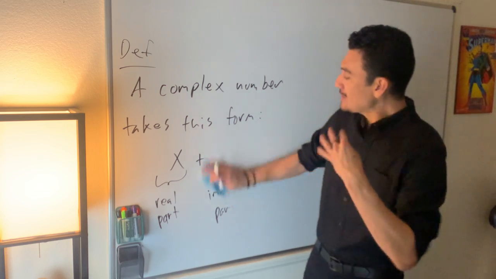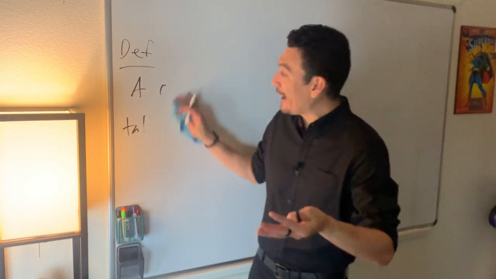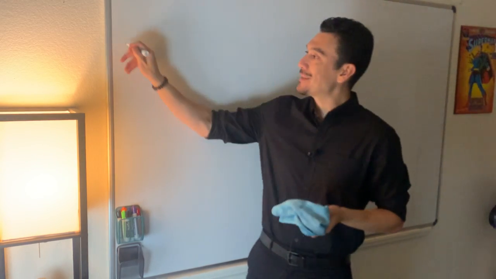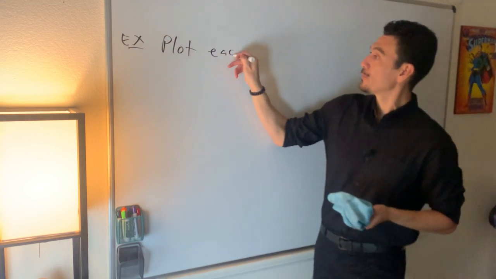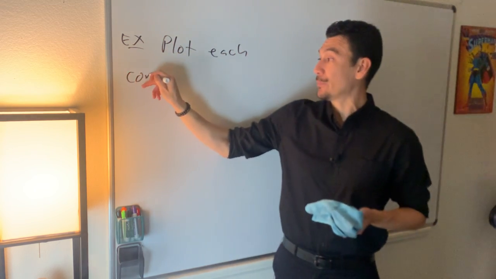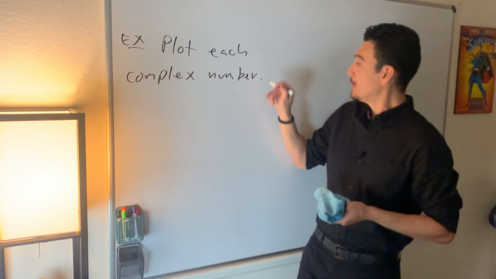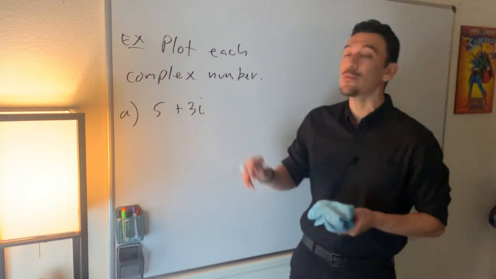So what if we do some examples where they ask us to graph or to plot a complex number? Example: plot each complex number. Let's say for part A, we go 5 plus 3i.